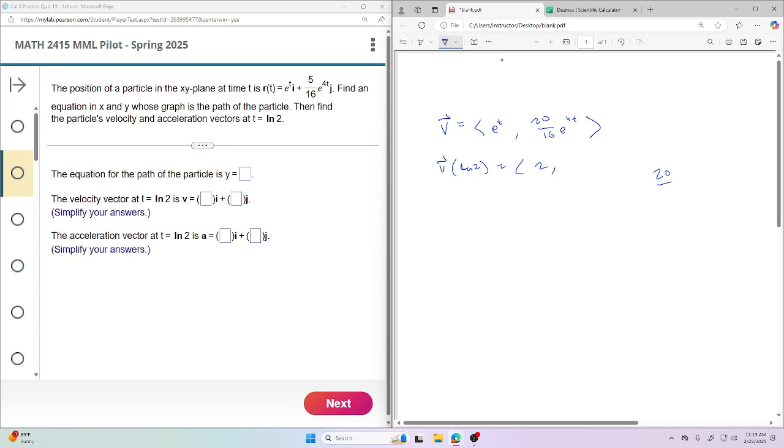Okay, so we got 20 over 16 e to the 4 times ln of 2. And I need to pop this up as a power first, like I'm completely unsimplified, just like you said. So 2 to the 4 power, and then I can cancel them, right? So 2 to the 4, 2, 4, 8, 16. And so that's 20 divided by 16 times 16. Oh, nice. Cool.